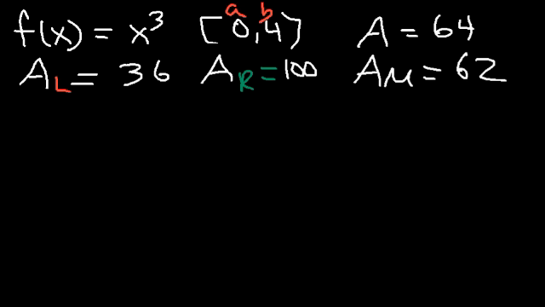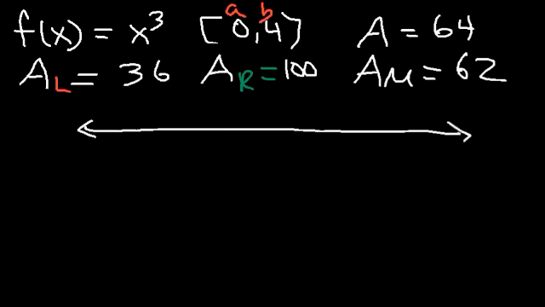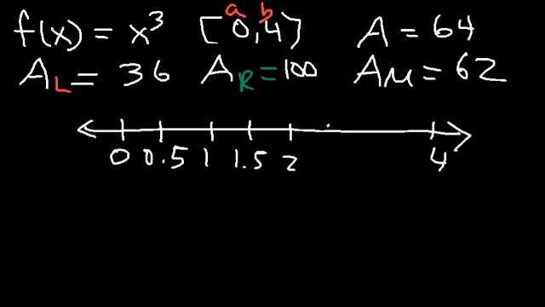Now let's draw the number line. So from 0 to 4, let's increase it in increments of 0.5. So 0.5, 1, 1.5, 2, 2.5, 3, and 3.5. So there's 9 points, and we're only going to use 8 of them. We're going to use every point except the last one on the right. So we're going to use the 8 points on the left.